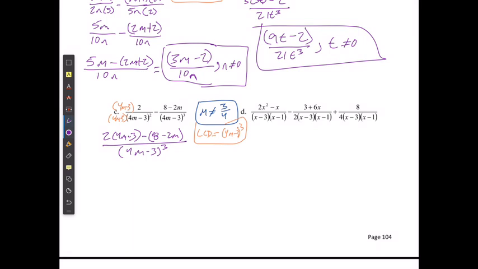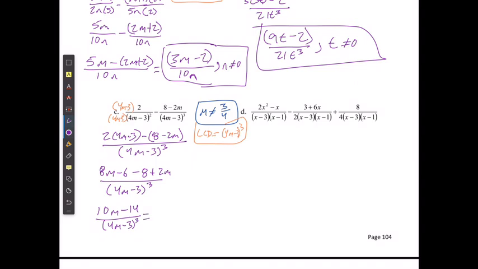This is going to give me 8m minus 6 minus 8 plus 2m over 4m minus 3 cubed, which would be the same as 10m minus 14 over 4m minus 3 cubed.